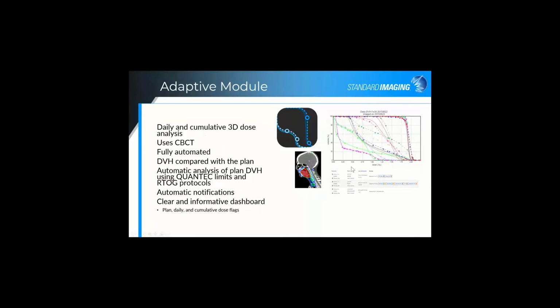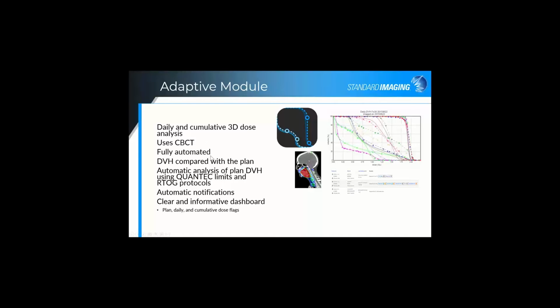The Adaptive module provides a 3D dose comparison between the daily and the cumulative dose. It uses the cone beam CT image in order to perform the calculation. The structures are automatically registered to the cone beam CT.